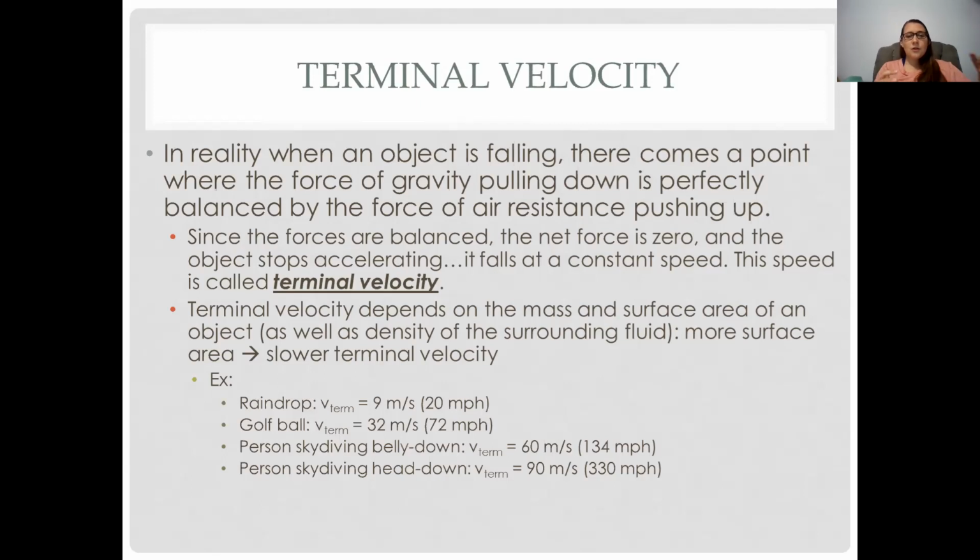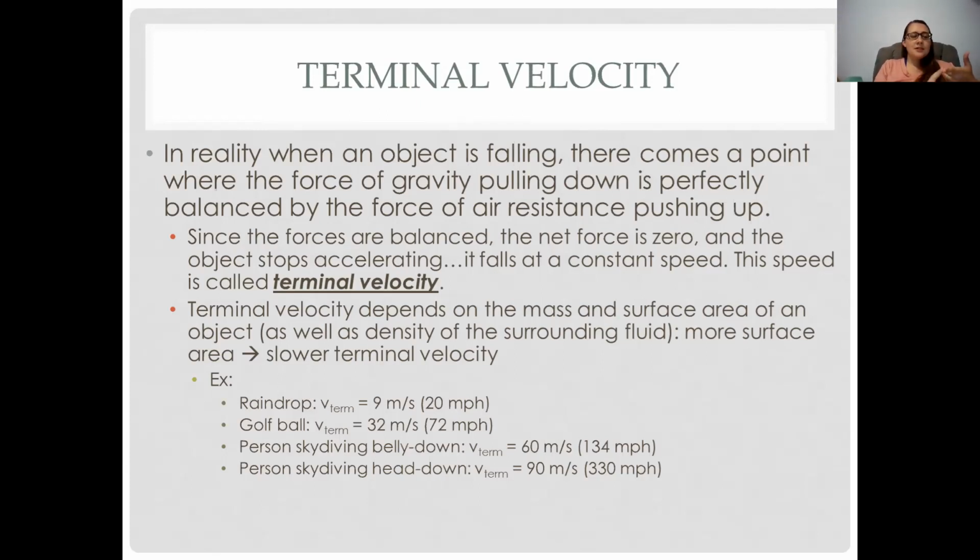Okay, so when we're thinking about these scenarios that we're going to go through, some key words to look for are going to be at rest, constant speed, terminal velocity. Of course, if it says it's accelerating or it speeds up or it changes direction, those are good things to keep in mind as well.